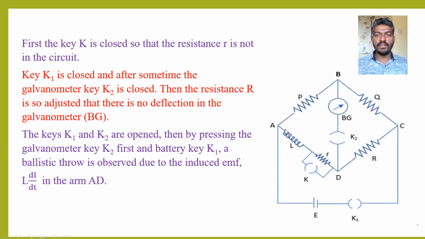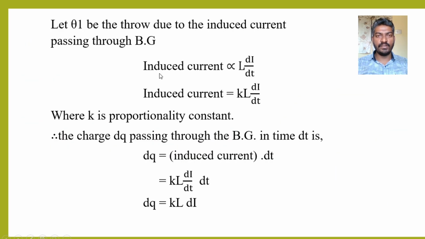Let us take the induced EMF as L di by dt. As we know, induced current is directly proportional to induced EMF. So let us write induced current is proportional to induced EMF L di by dt. By removing the proportionality, we get some constant.